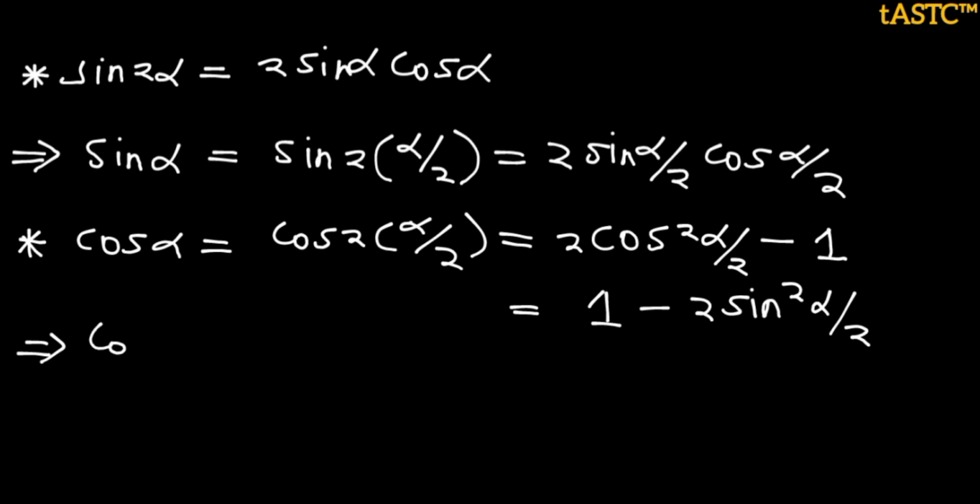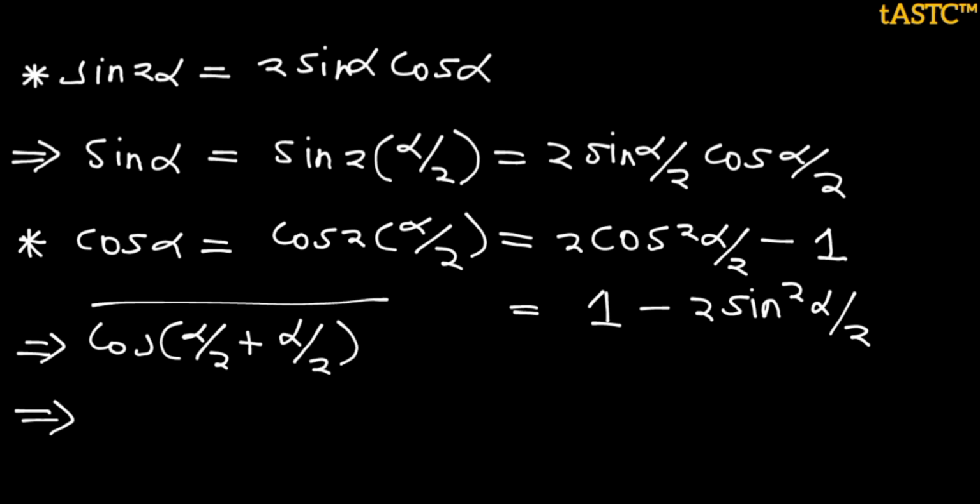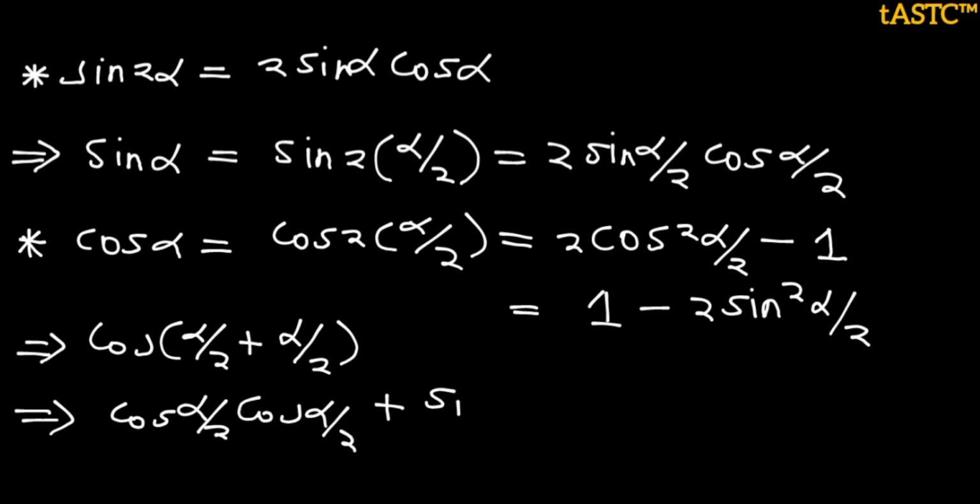This is going to be cos of alpha divided by 2 plus alpha divided by 2. And we know that to work this using the addition formula, that should be cos alpha divided by 2 cos alpha divided by 2 minus sine alpha divided by 2 multiplied by sine alpha divided by 2.